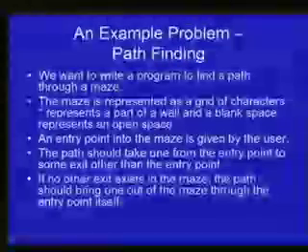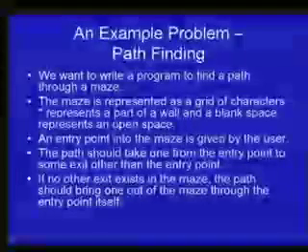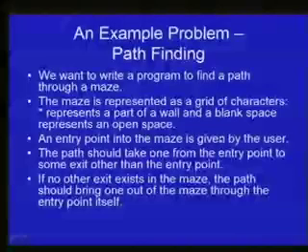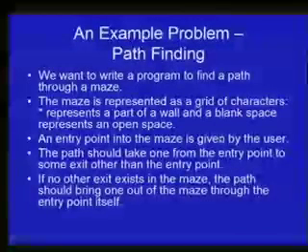Okay, so let's end this lecture with a problem for you to think about. We'll not solve this problem in this lecture; we'll do that in the next lecture. So here is the problem. We want to write a program to find a path through a maze. We are given a maze, and you must have seen puzzles of this kind in popular magazines.